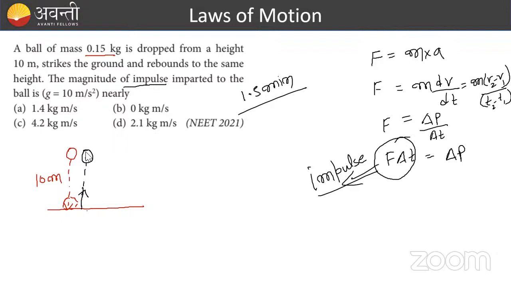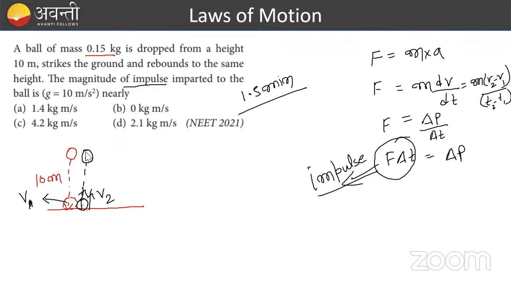Using kinematics, which you have already practiced, you simply need to find its velocity just before it strikes the ground. Let's say just before it strikes the ground, its velocity is v1, and just after it starts rising up again, its velocity is v2. Done. So let's calculate v1 first.